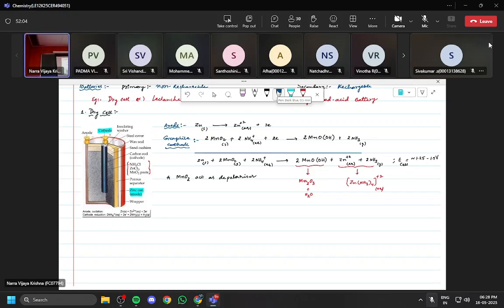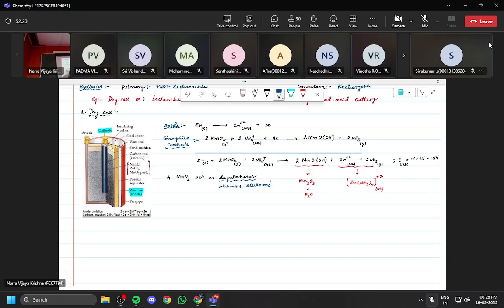MnO2 is absorbing electrons, right? If something accepts electrons, what do we call it?